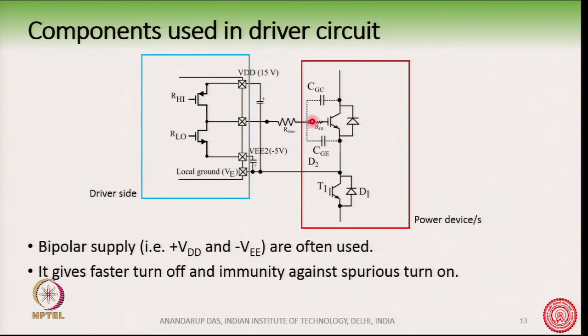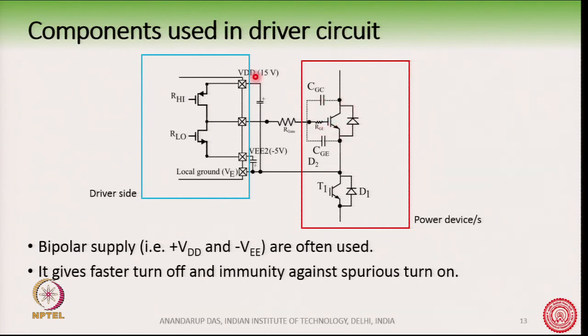So, what we are trying to do here is charge these capacitors up. We can charge them to 15 volt through the VDD 15 volt, like this. The charging process will be controlled by this RC element here, and this will turn on the IGBT.